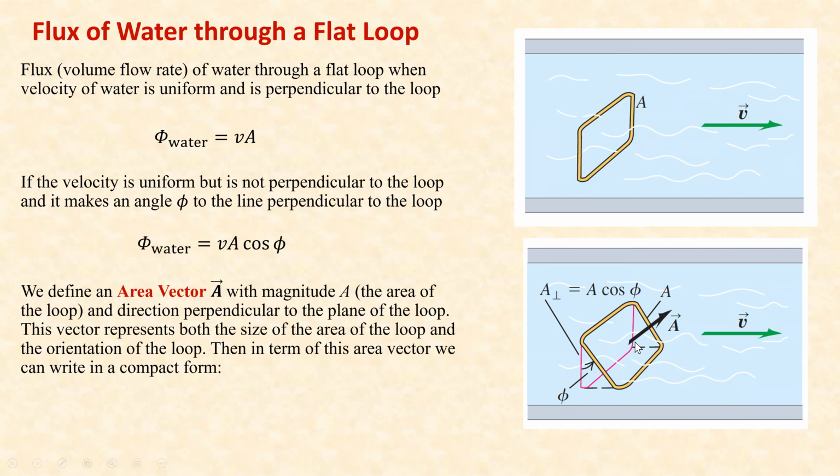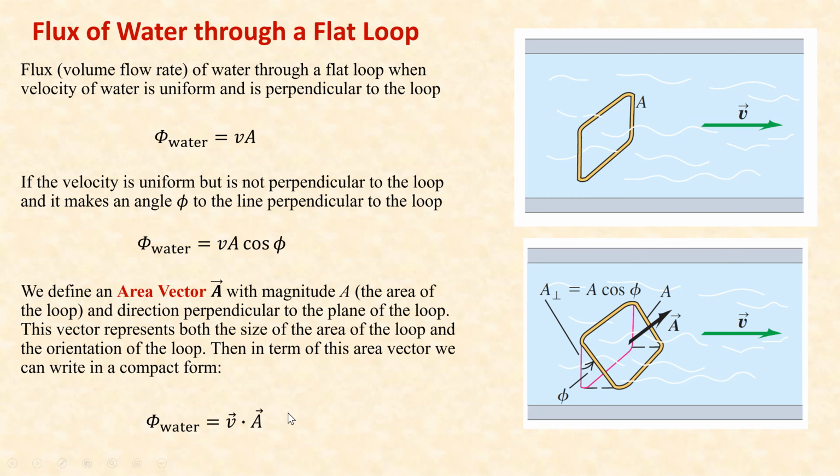The angle between the area vector and the velocity vector is exactly the same as this angle phi. Therefore, this looks like a dot product of the area vector and the velocity vector. So we say the flux of water is equal to V dot A.